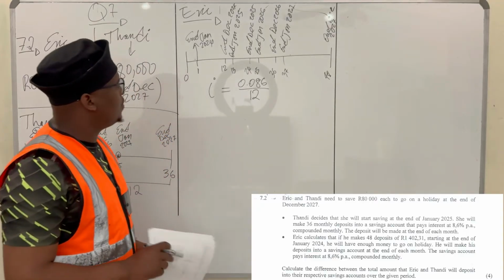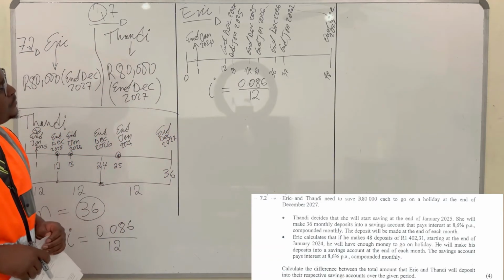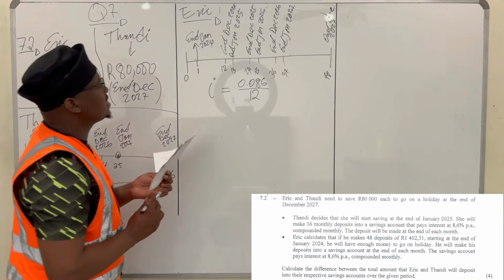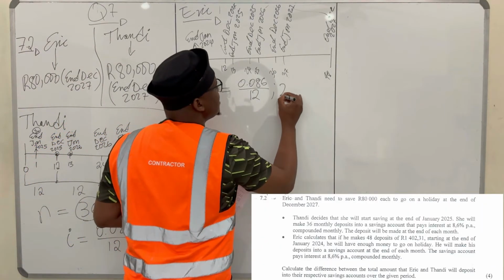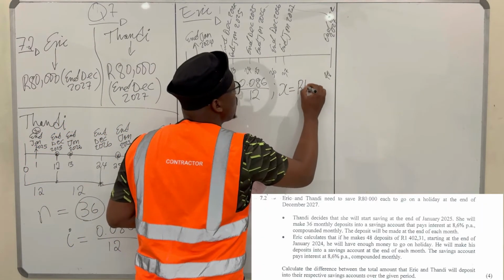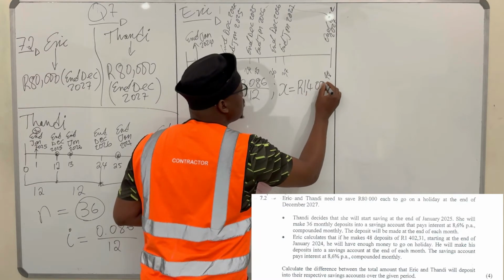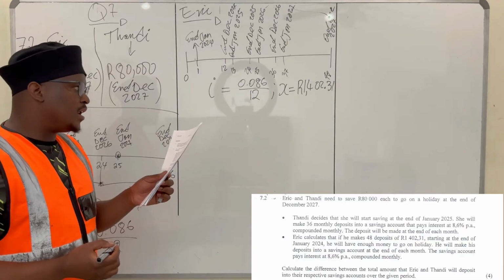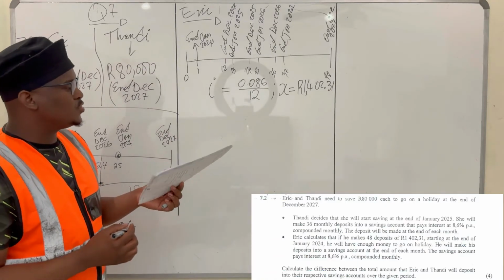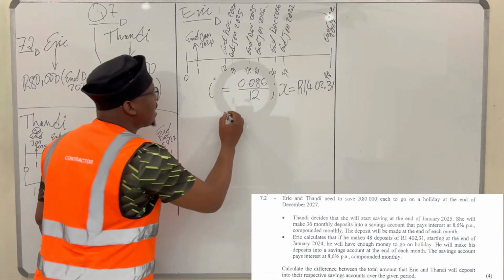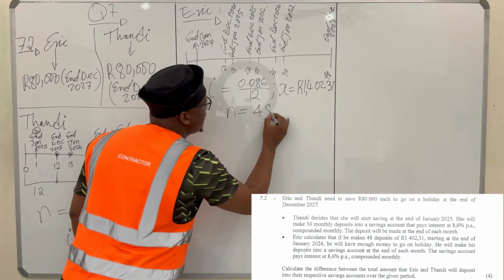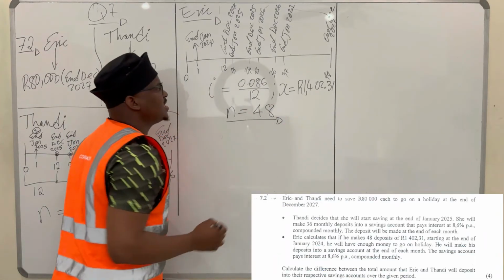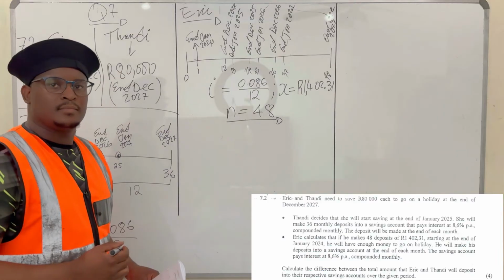No problem. Then we're also told that our friend is paying 1,402 rand 31 cents. This is the amount that our friend is paying monthly into that account, and he will make a total of 48 payments. That is Eric.